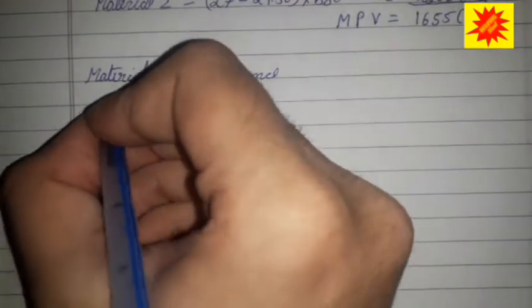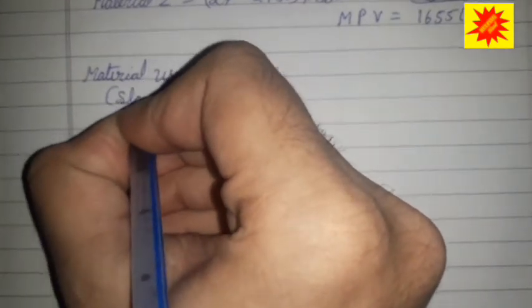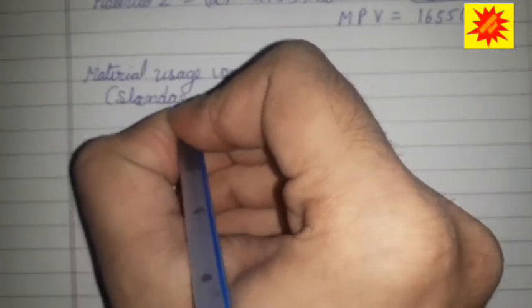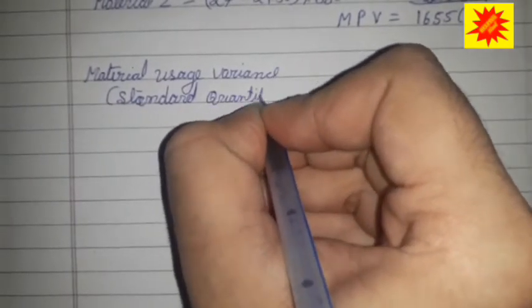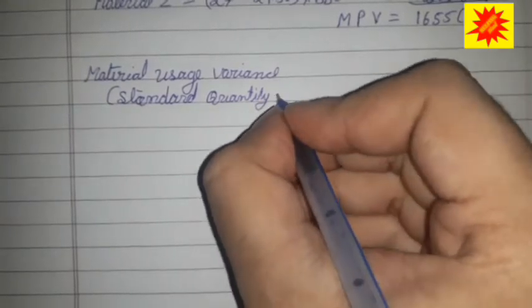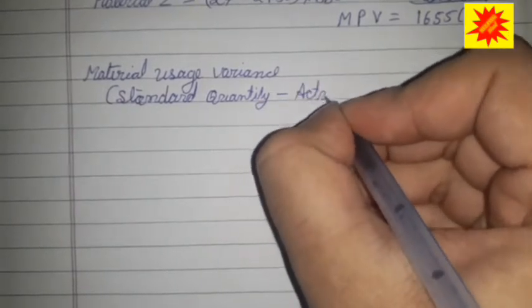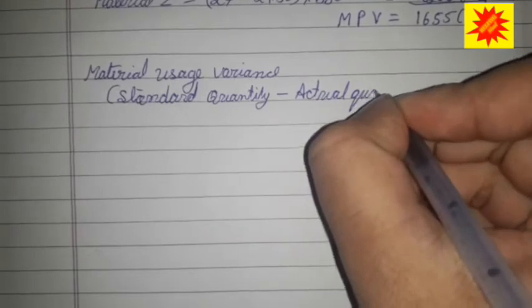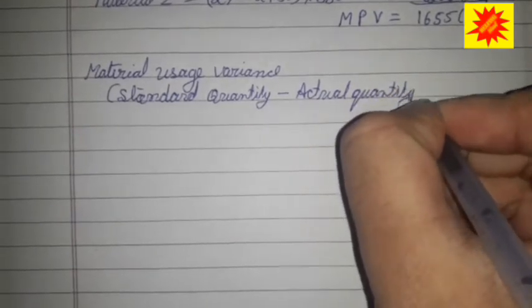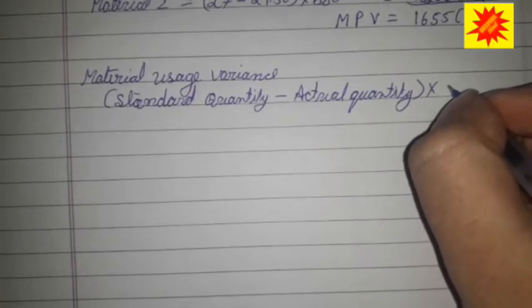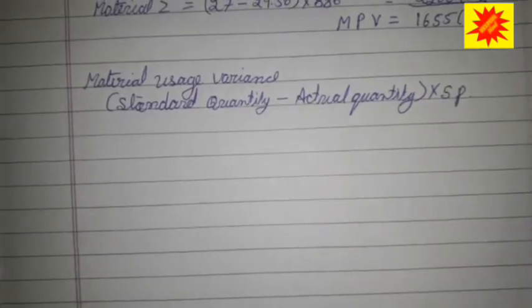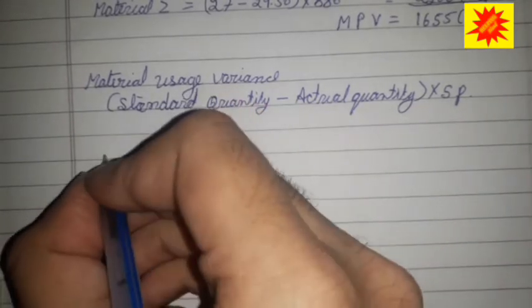So the material usage variance formula is standard quantity minus actual quantity into standard price. Okay. So here for material X, let us see first.